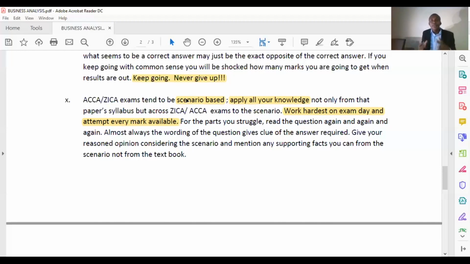Think about if it happened to you in your life, what would you do? What you would do in reality is what the examiner is looking for, not what is written in the textbook. The textbook is simply there to help you get ideas, not necessarily to give you proper answers in the exam.